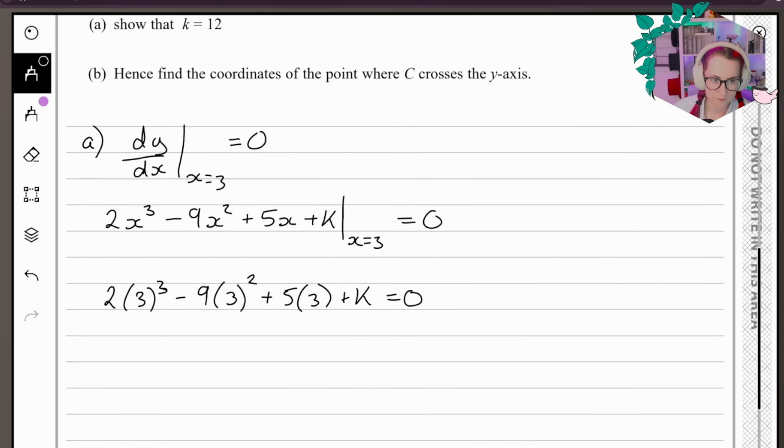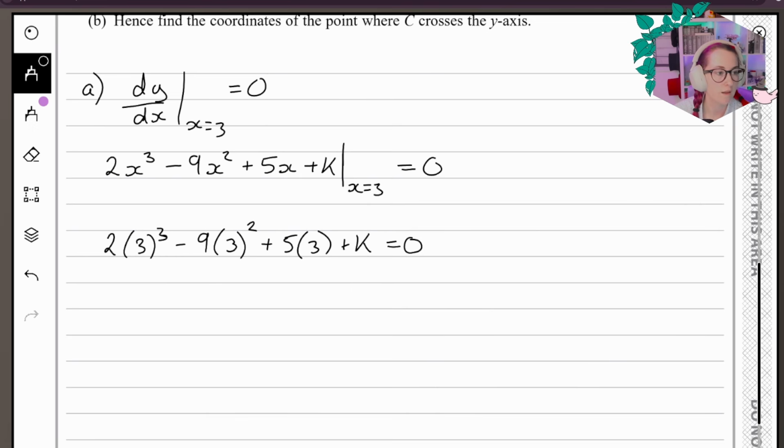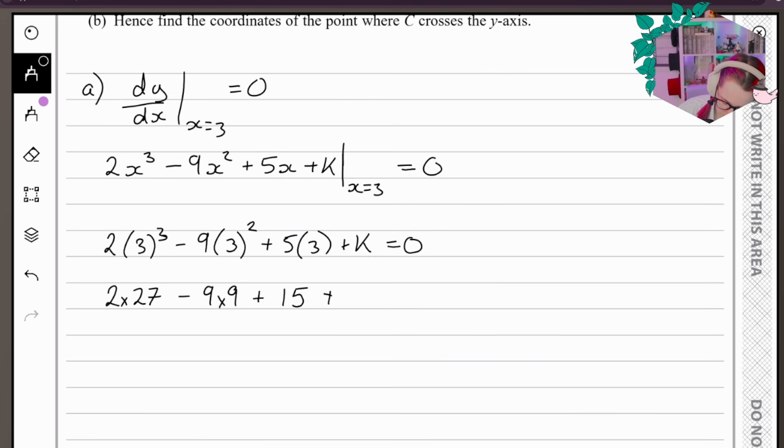We need to be super careful about making sure that we write down the right powers in the right places. So 3 cubed is 27. So it's 2 times 27 minus 9 times 3 squared. So that's 9 times 9 plus 15 plus k is equal to 0.